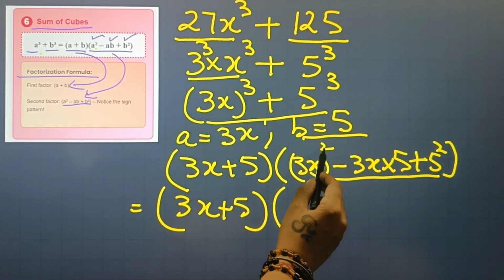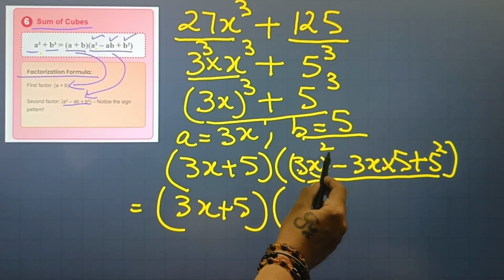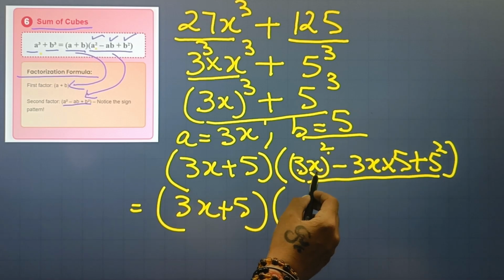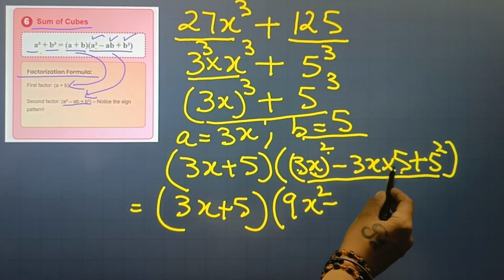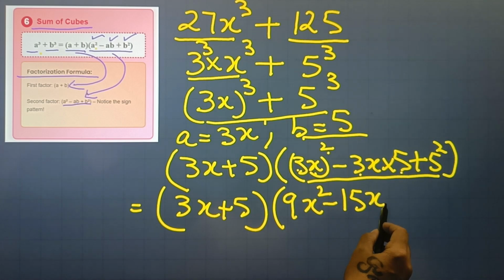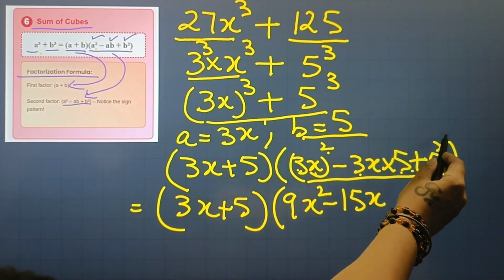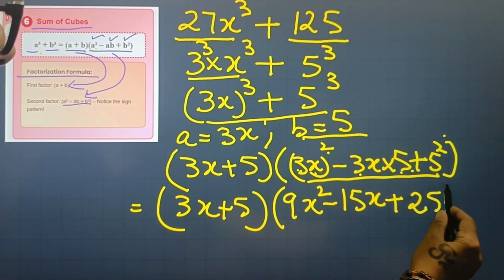into (3x) whole square is 3 raised to the power 2, which is 9 into x square, 9x square, minus 5 into 3 is 15x, plus 5 raised to the power 2 is 25.